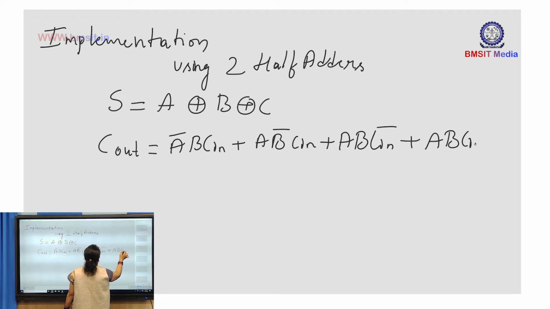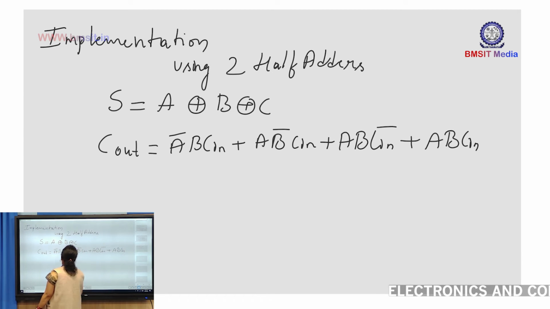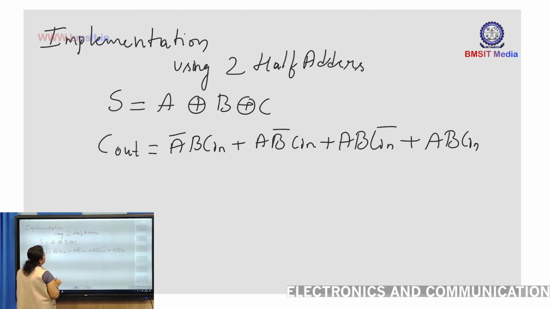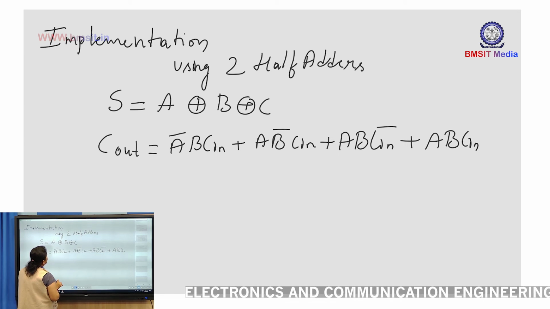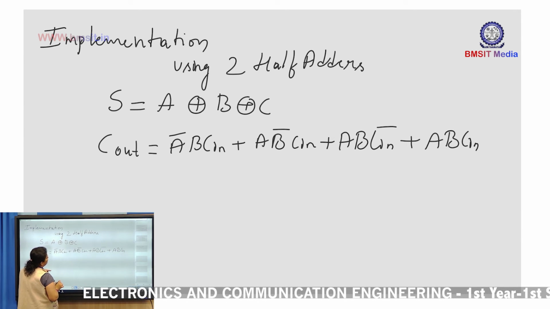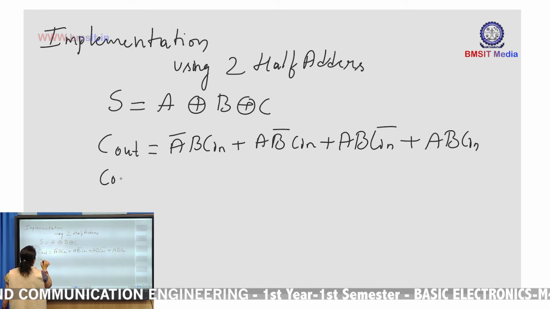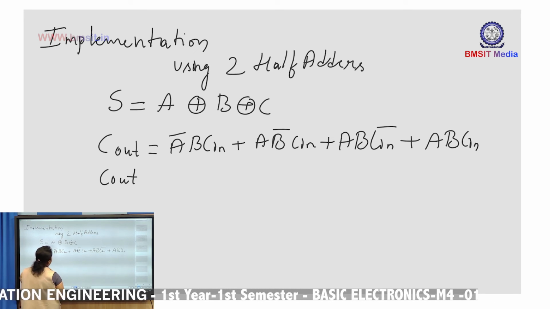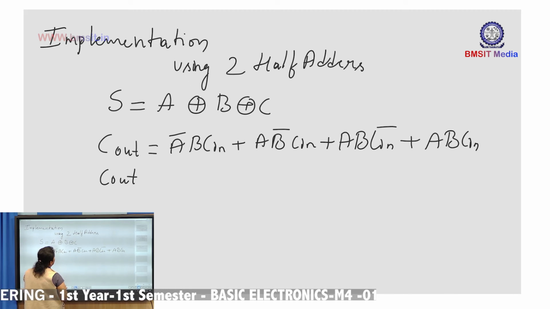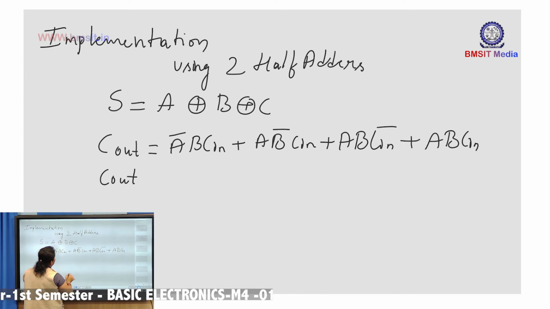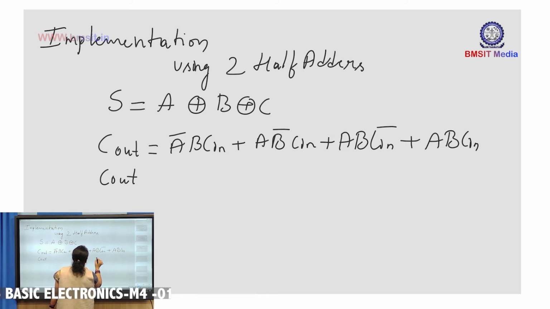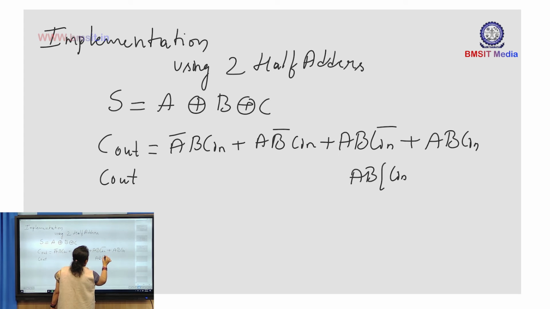So I am just rewriting the expression for C out. So here as we did using the rule A plus A is equal to A, we can't use that here. We are going to simplify directly. So how can you simplify? Looking at the expression, you can see that in the last 2 terms I can take AB as common. So we will be getting C in bar plus C in.